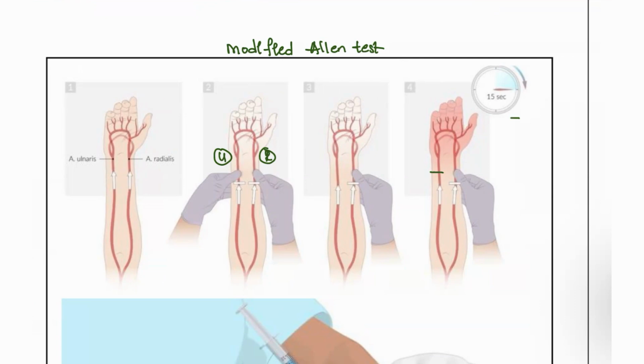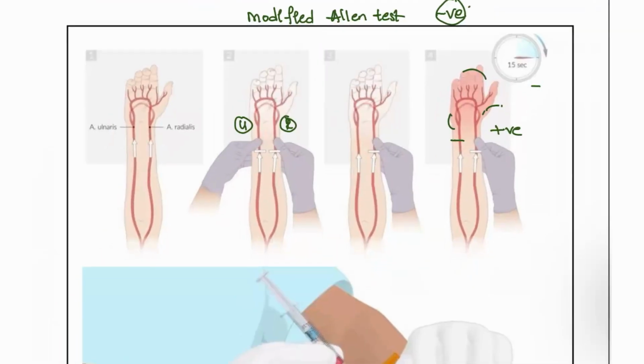Then we see whether the artery supplies the entire hand or not. If it is not filling, then it is negative. If it is filling, then it is positive. Even if it is not filling and you cause trauma, it can cause significant compromise and vascular ischemia in this patient. That's why we have to check before proceeding to the procedure.